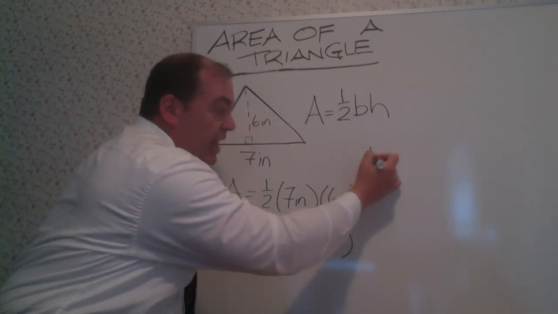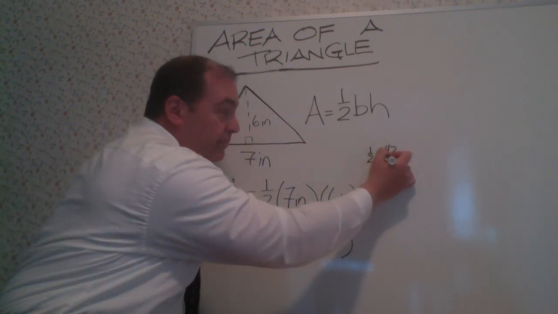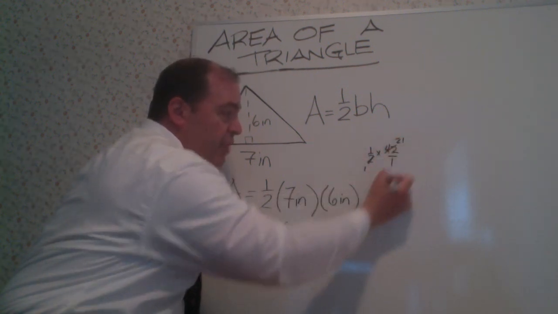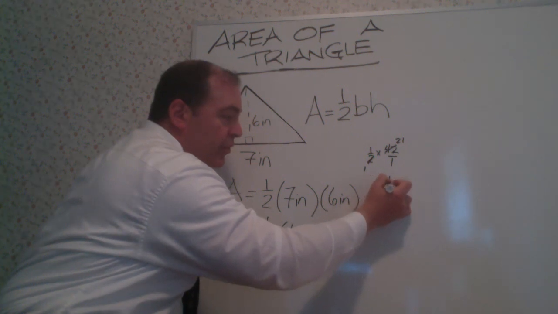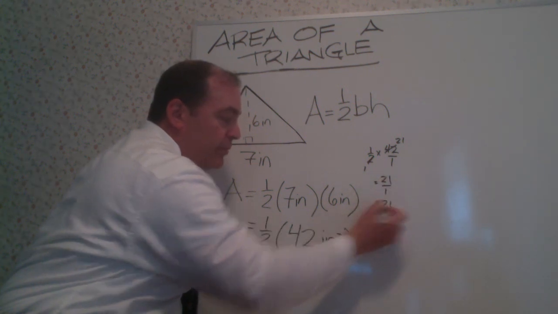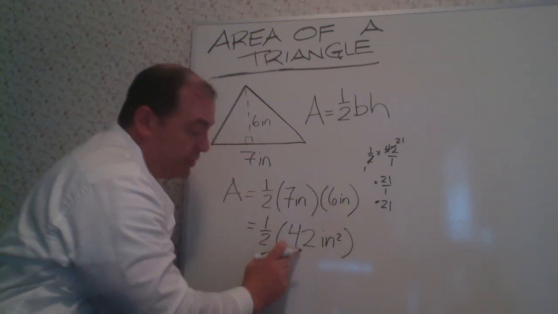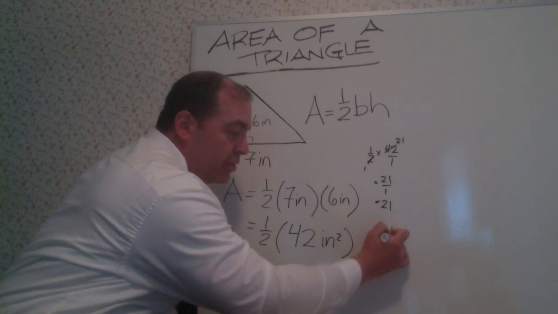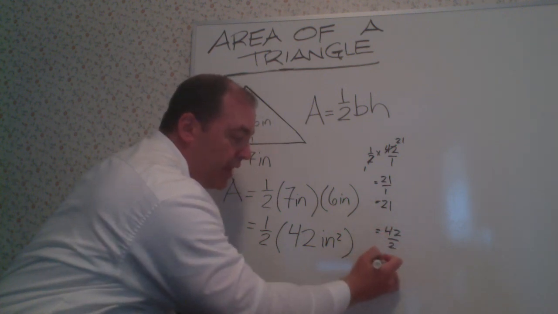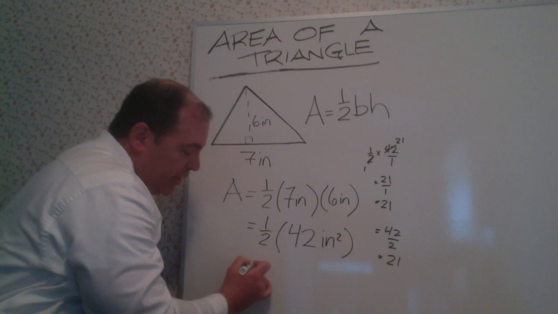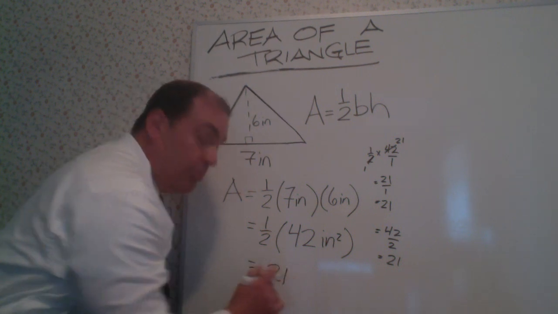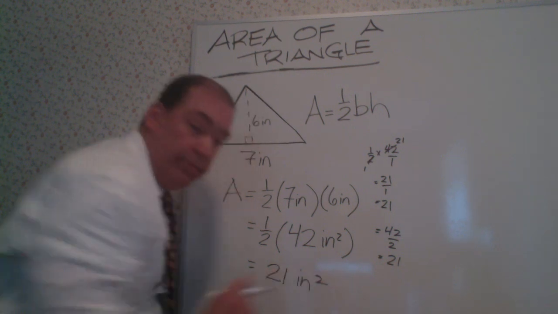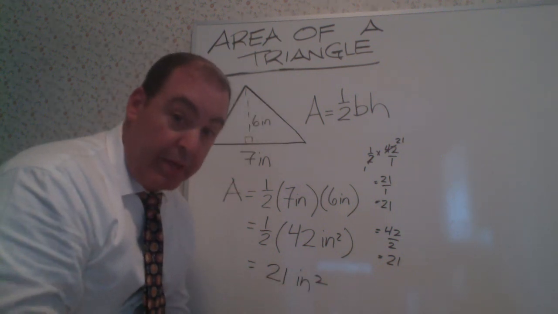I would take 1 half and then 42 over 1, and you could reduce fractions. 2 goes into 42 21 times, and then that's just 21 over 1 equals 21. Or you could just simply take 42 and divide by 2, and you would still get 21, okay? So the final answer here is 21 inches squared. Remember the inches squared, okay?